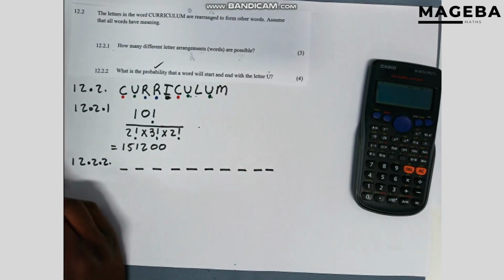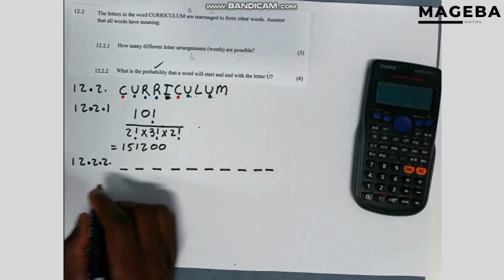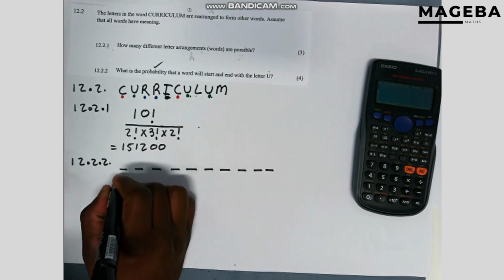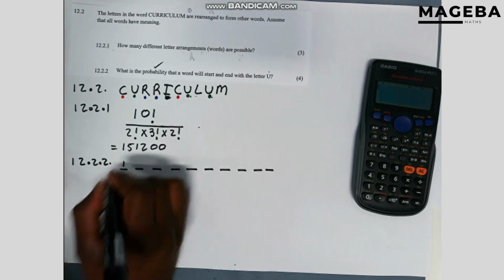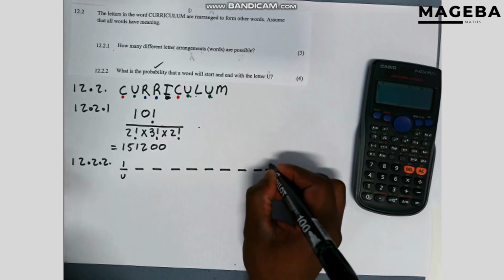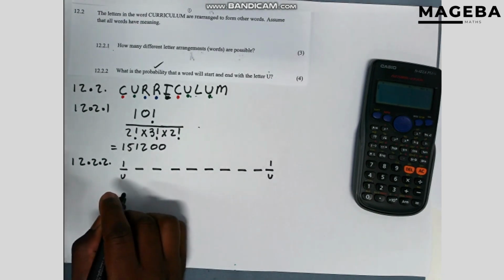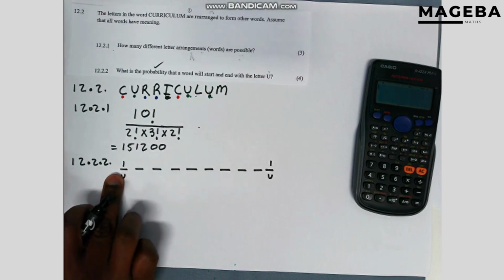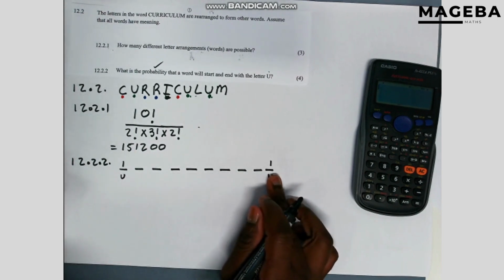We have letter U. Now they are telling us that we're going to use U here at the first, and at the last also here we're going to have U. So we know here we have U, and then here we have U.